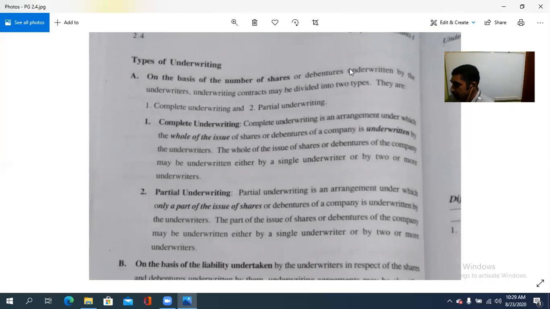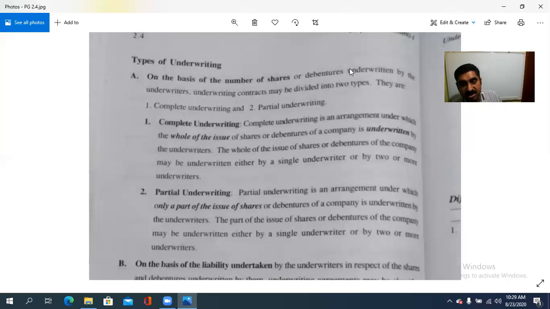Either one person or more than one person does it. What is done? The whole share is to be subscribed. The whole share or debenture that the public has not subscribed is to be subscribed by the underwriter in a whole way, in full. That is complete underwriting.